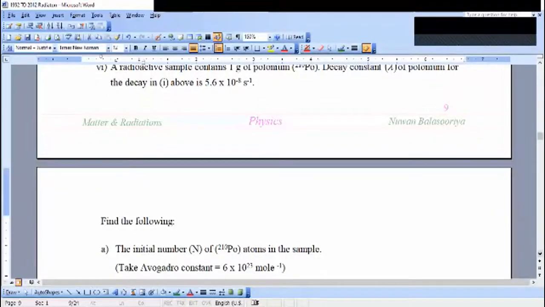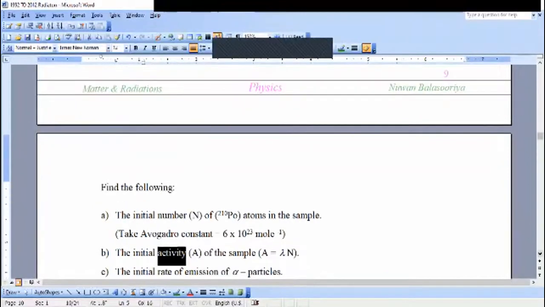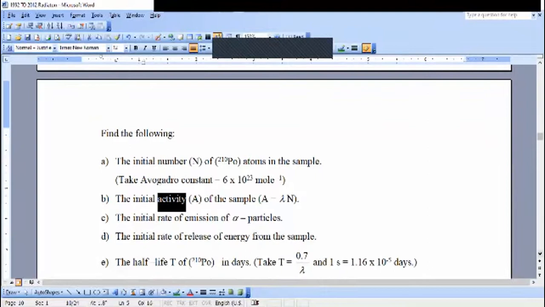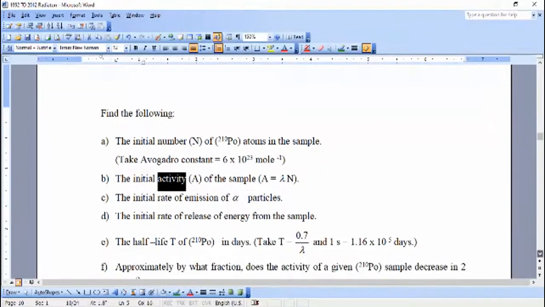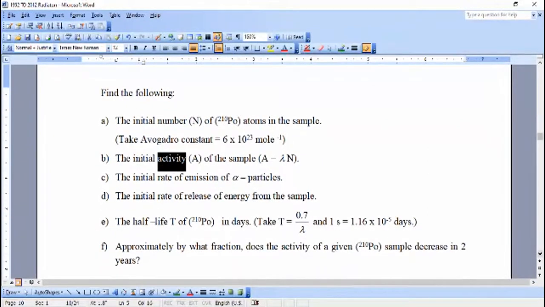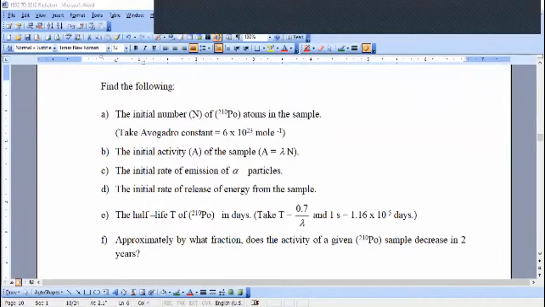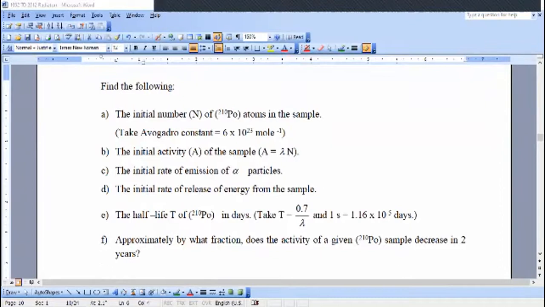Right. Question 6 simple A completed, 6 simple B completed. Now we should go to simple C. Somebody unmute the mic and read simple C question. The initial rate of emission of alpha particles.